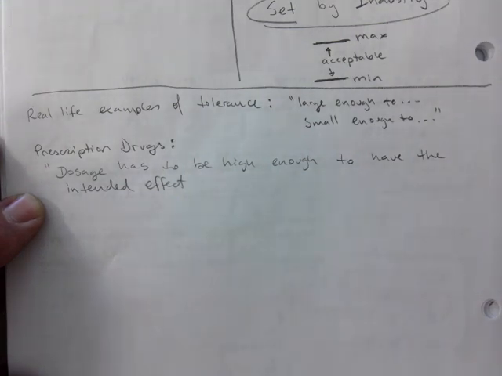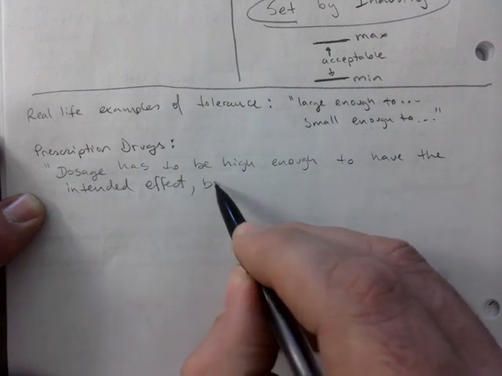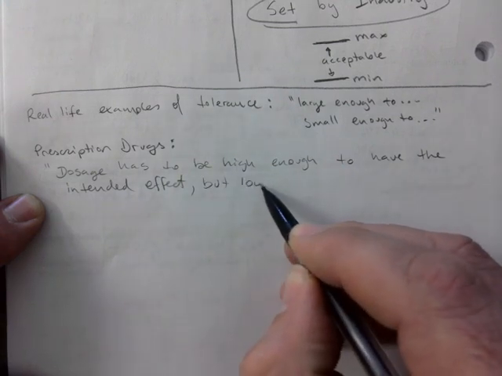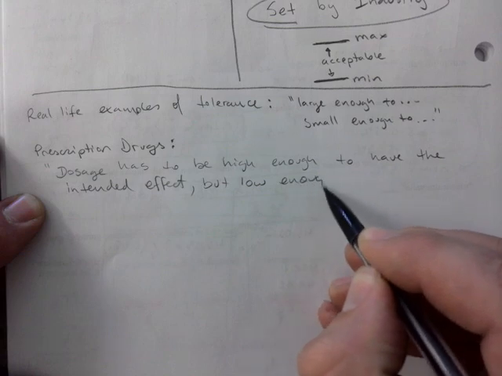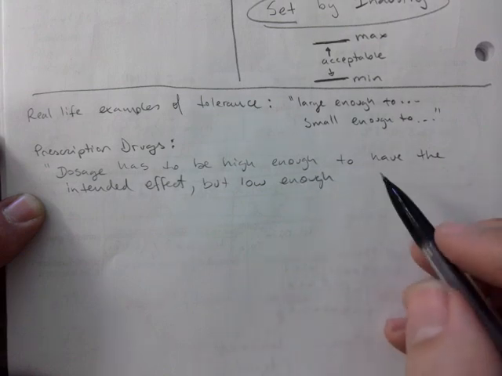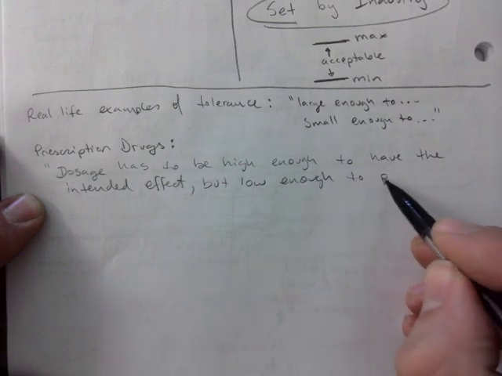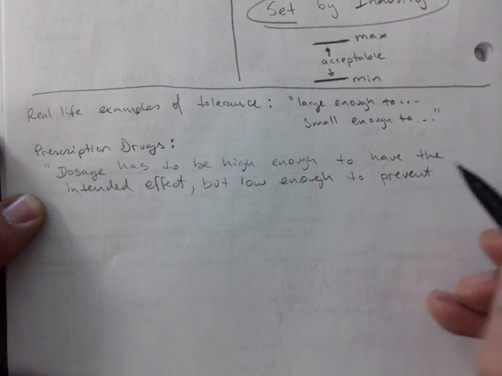So it has to be high enough for it to have the intended effect, but low enough to prevent an overdose.